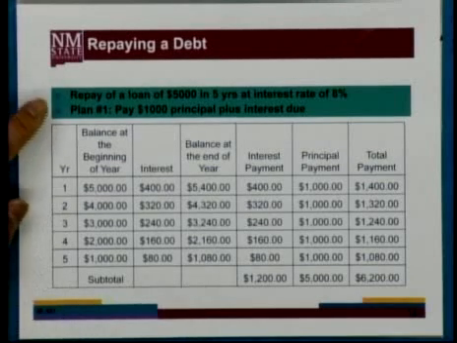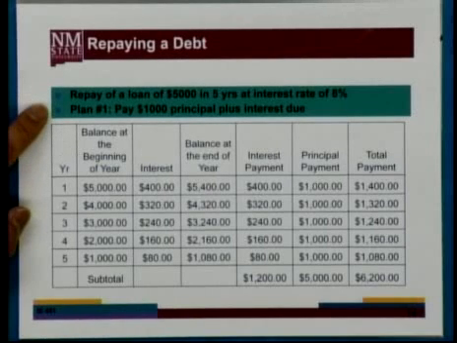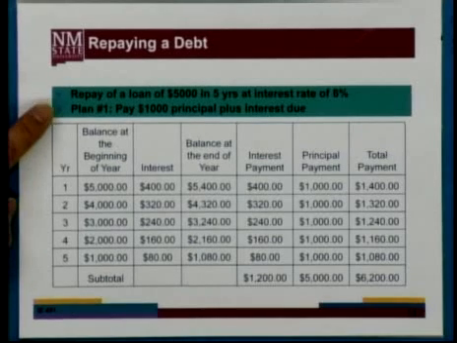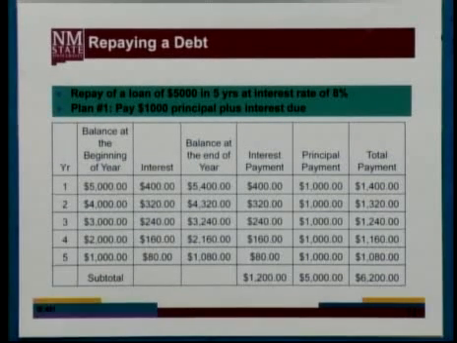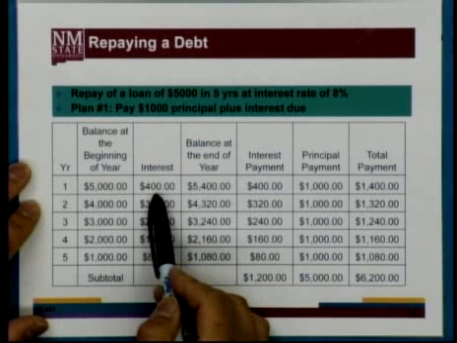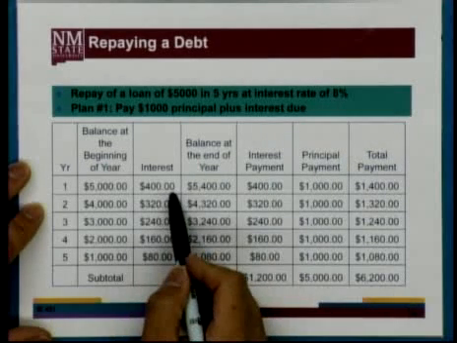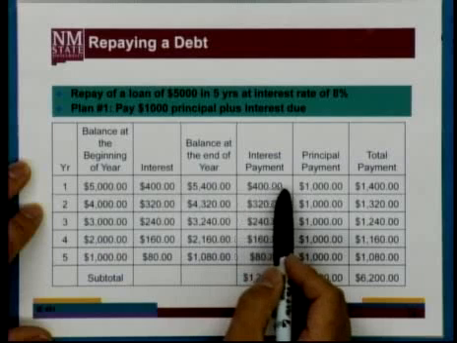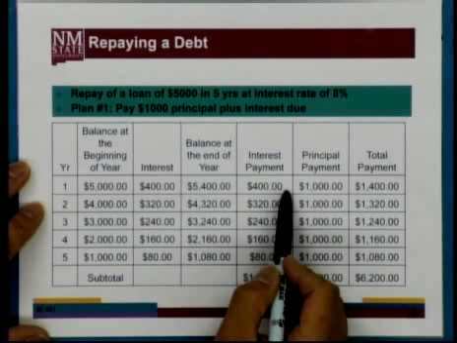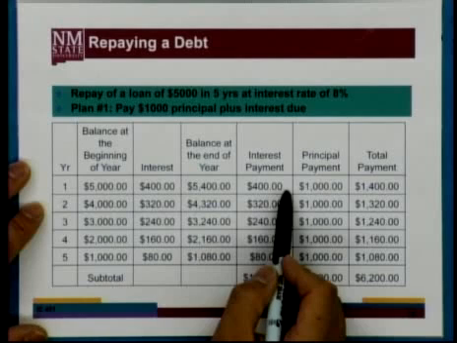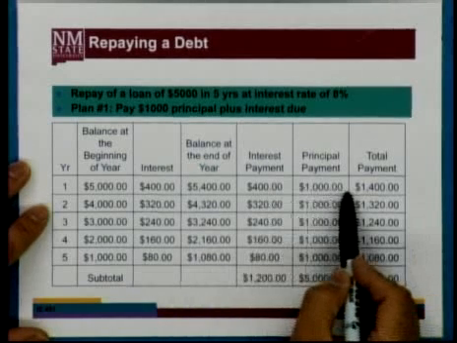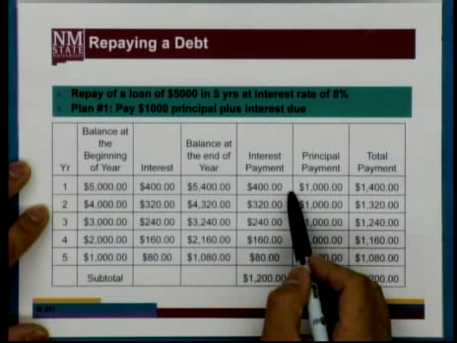So in this first plan, you're going to pay $1,000 principal plus interest due at the end of each year. So at the first year, the interest amount is $400, which is 5,000 times 0.08. So the interest payment would be $400 at the first year. And the end of year payment is $1,000 plus $400 interest.